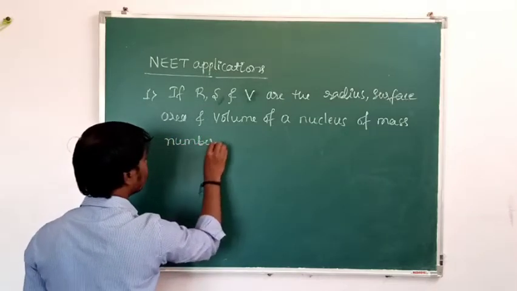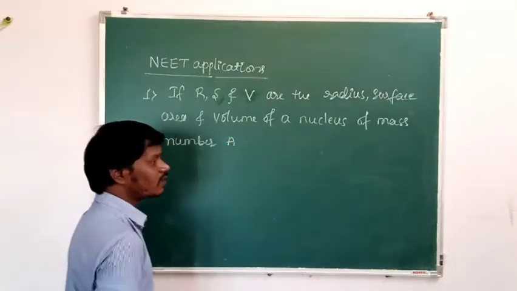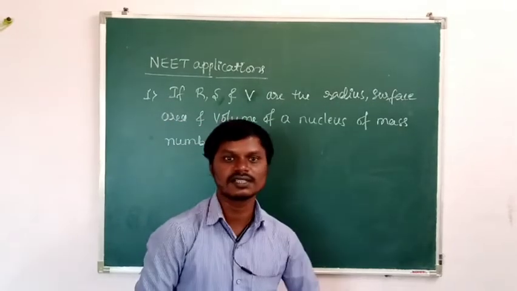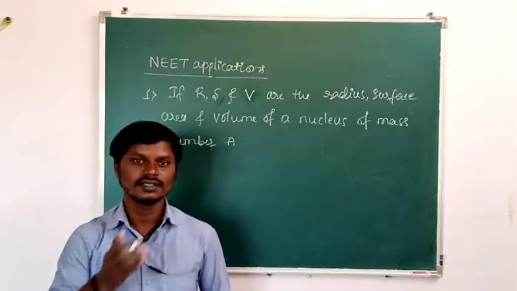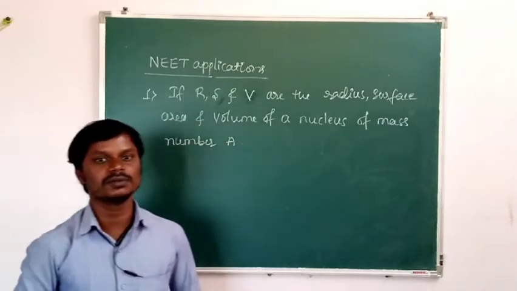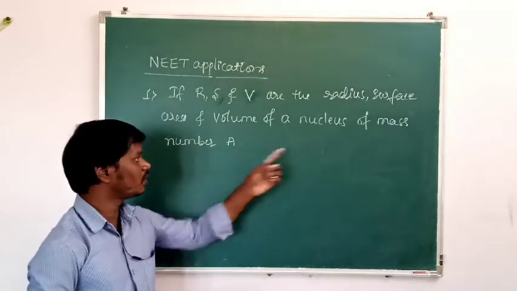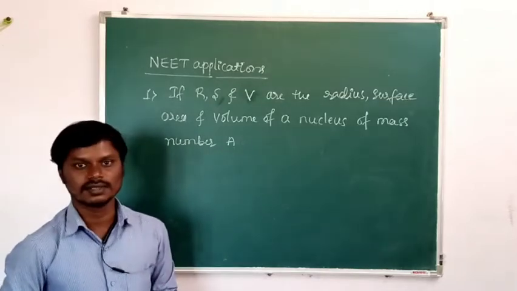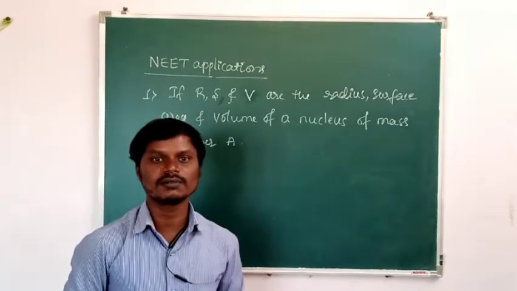That is A. Mass number means the total number of nucleons present in the nucleus, the number of protons plus the number of neutrons. That total number of nucleons is nothing but the mass number, represented by A.